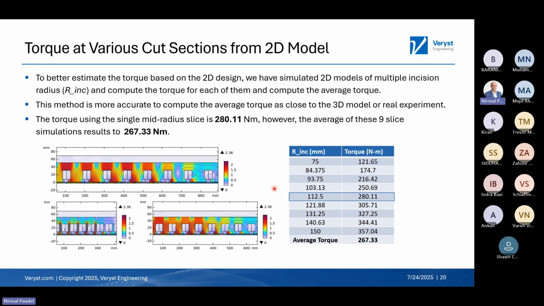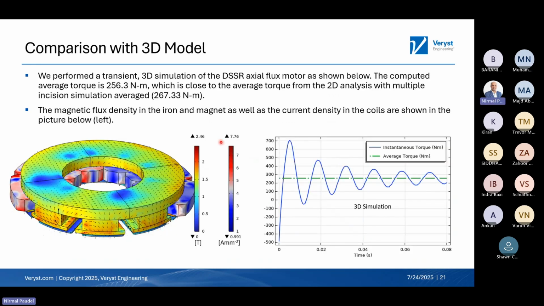Now we want to compare our results from the 2D analysis, or the combination of the 2D slices, with the 3D model. So we set up a 3D model, again a half sector of it, only at the top, not the bottom. We performed a transient simulation for the same, a time domain study.